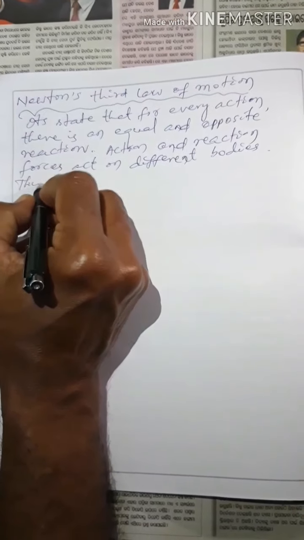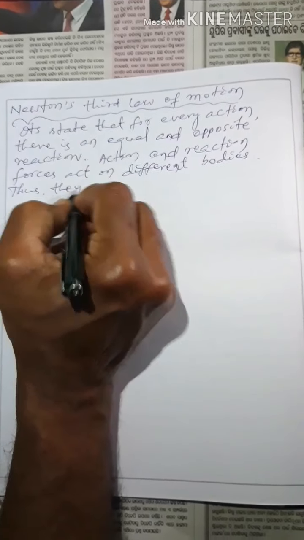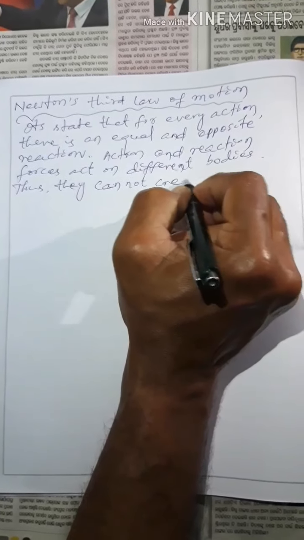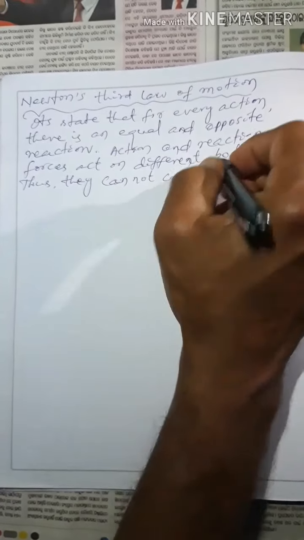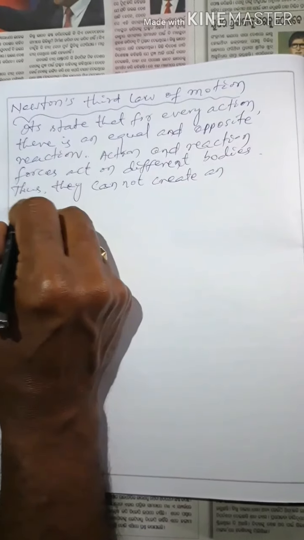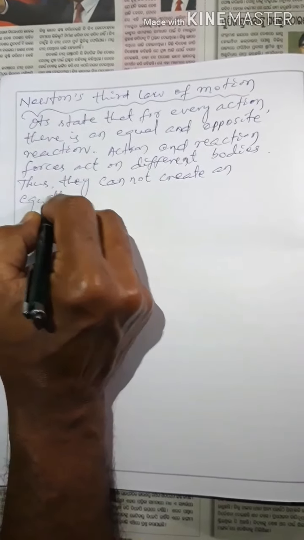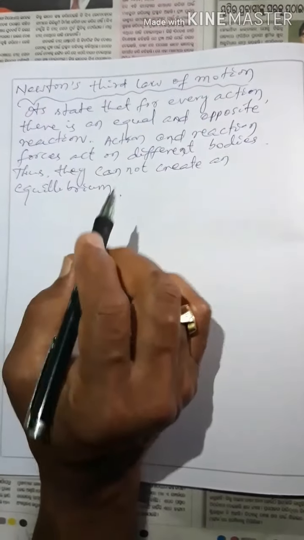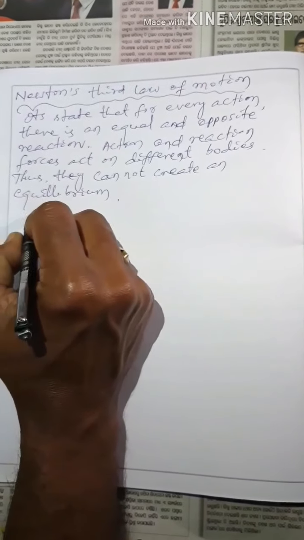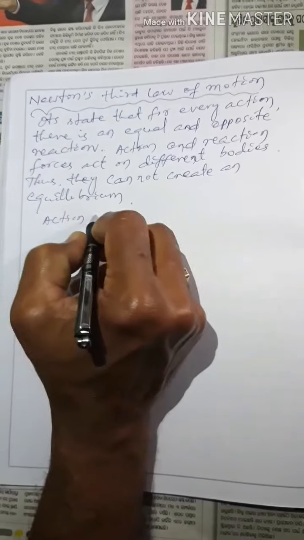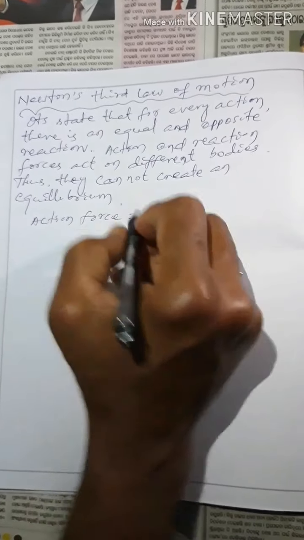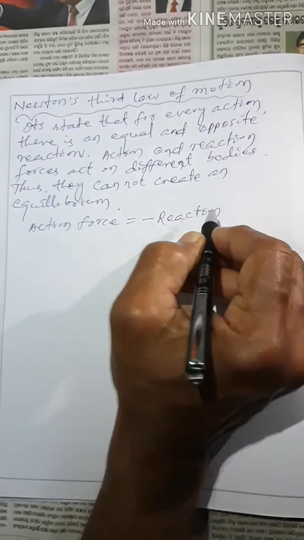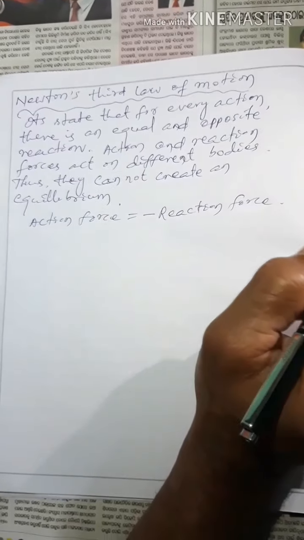Thus, they cannot create an equilibrium. Clear? They cannot create an equilibrium. So action force is equal to negative of reaction force. Clear?